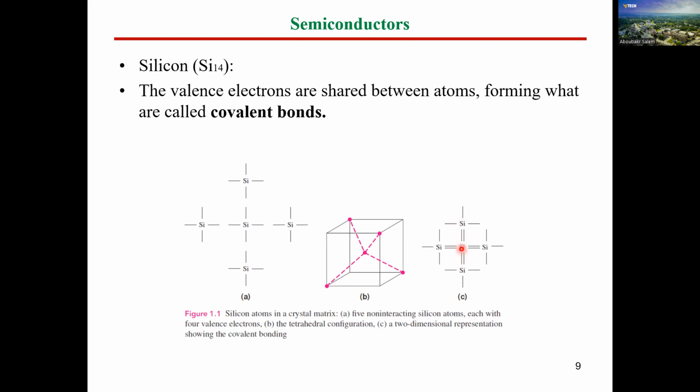But since the silicon has four electrons in the outer shell, it can be connected to four atoms around it. So as you can see here, this is called silicon crystal, and the bond between every two silicon atoms is called covalent bond.